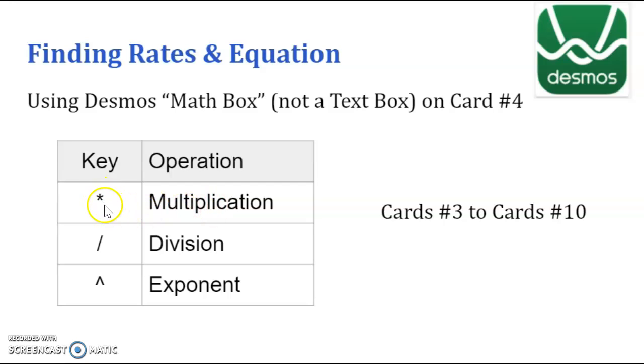For multiplication, you can use the star, which is shift plus the number 8 key, division is replaced by a slash, and exponent is the caret. The math box will actually do the calculations for you. It's like a calculator as well. If you put in the expression, it will actually do the calculations. Please pause the video and complete card number 3 to 10.